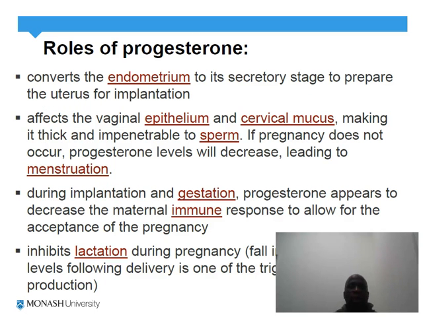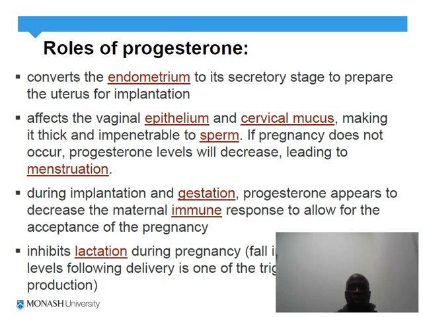Okay. Now let us look at another female hormone, which is called progesterone. Basically, progesterone converts the endometrium to its secretory stage to prepare the uterus for implantation. Progesterone is a pregnancy hormone.